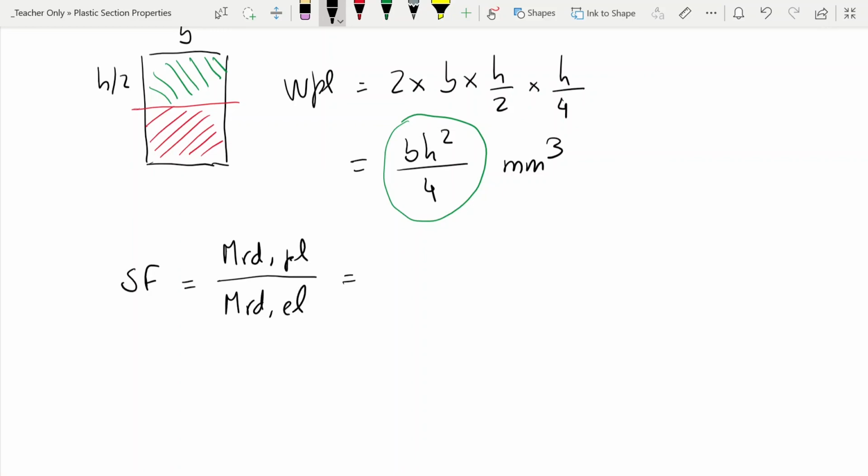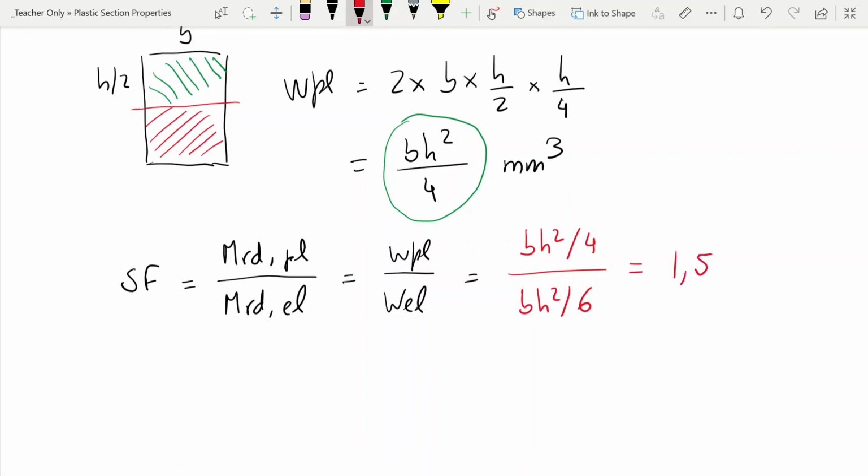And since these both are nothing more than WPL times Fy and WEL times Fy, it's just the ratios between the section modulus. So for every rectangular section, since we now have a generic expression, the plastic is BH squared divided by 4, while the elastic is BH squared divided by 6. So the shape factor is always 1.5.